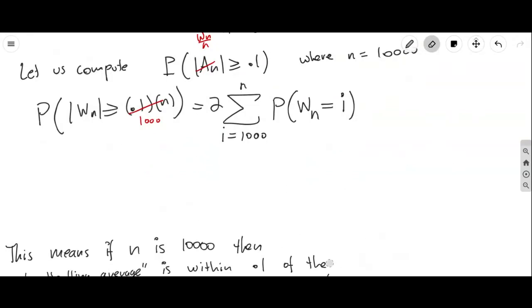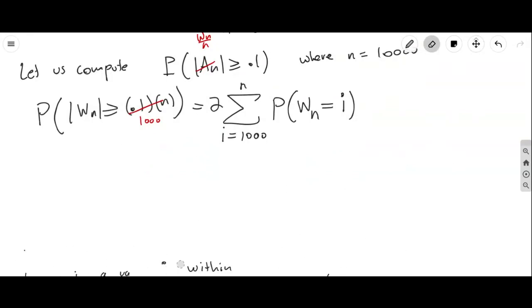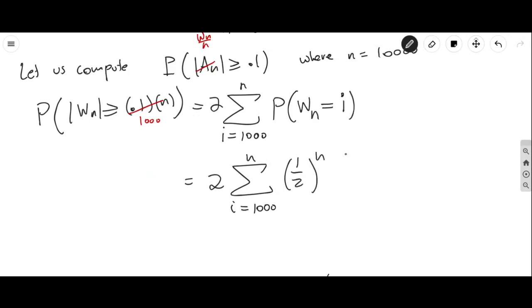Remember, from a previous lecture, the probability that the random walk takes on a particular integer: it's 2 times the sum, i from 1,000 to n, of 1/2 raised to the n, times n choose (n minus i) divided by 2.